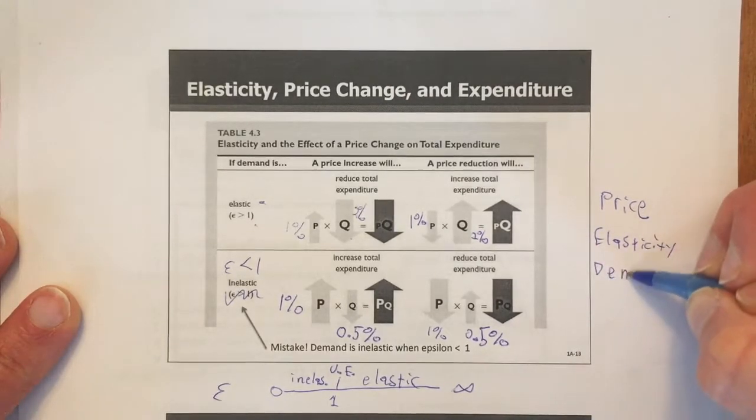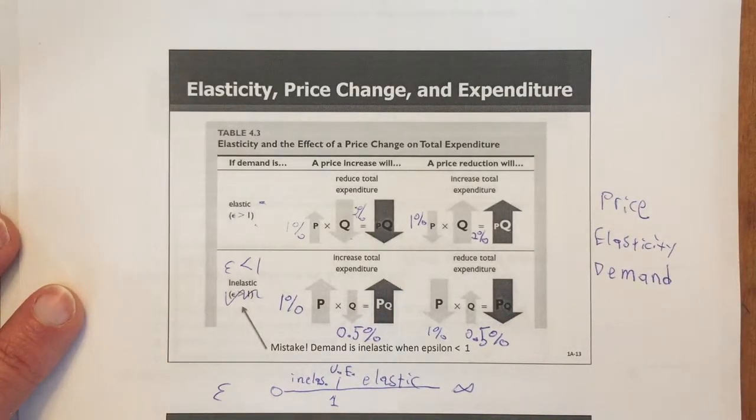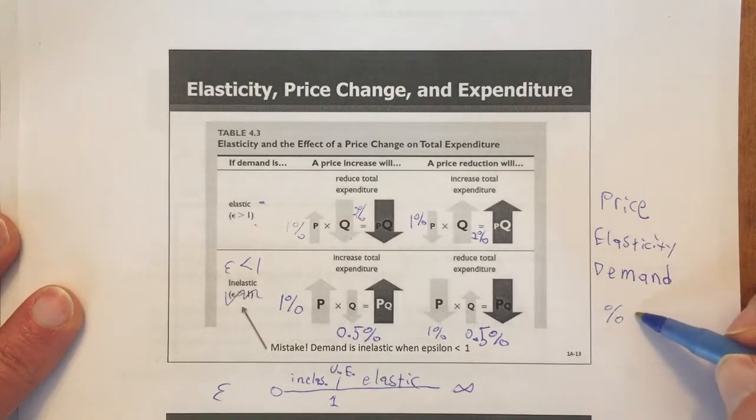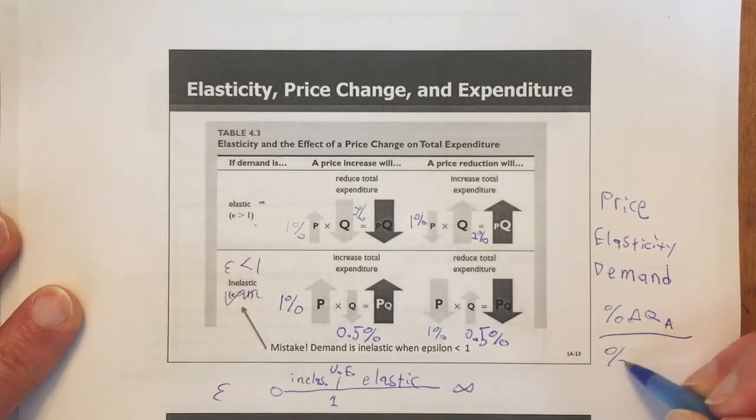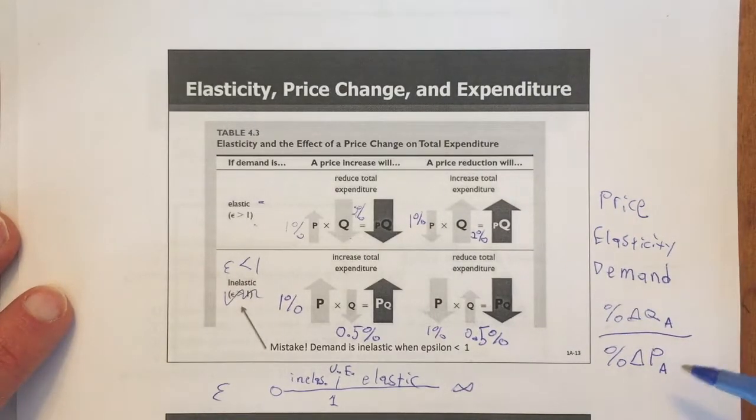And as I had mentioned before in an earlier class, there are other types of elasticity. So we're talking about the price elasticity of demand, where we're looking at the percent change in Q of some good, let's say good A, over the percent change in the price of that good A. So when the price of one particular good, like apples, increases by 1%, what is the change in quantity demanded of apples?